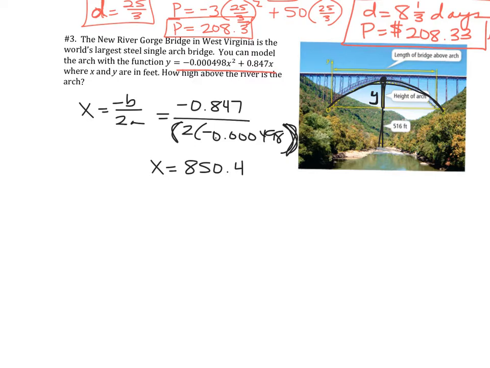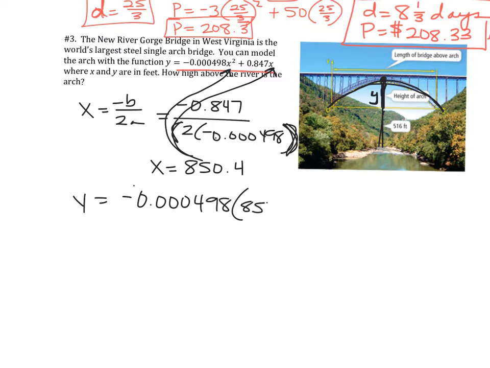Okay, when you plug that in, we want to know y. We want to know the height. So we need to plug that in right here and right here to find our y. So it's going to be y equals negative 0.000498 times 850.4 squared plus 0.847 times 850.4 again, okay?